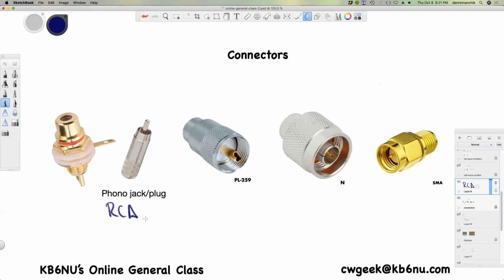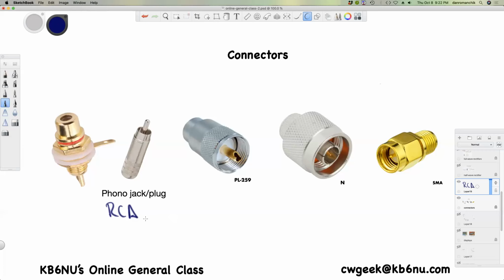And then the SMA connector is becoming popular because all these small handheld radios use some type of SMA connector. They're physically small, so they can go on these radios.